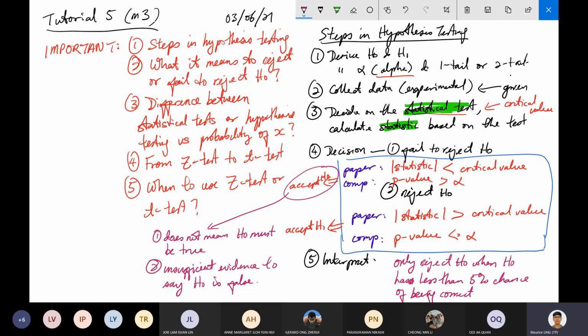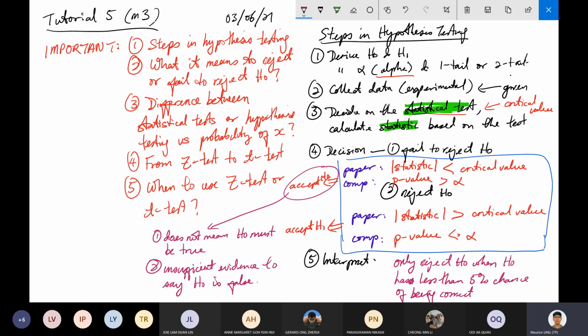Even though your gut feeling tells you that the person is likely to be guilty, but you cannot find enough evidence yet, then nothing much you can do for now. If you want to redress, find more evidence. So how do we find more evidence in statistics? Collect more data points. This is a very important concept.